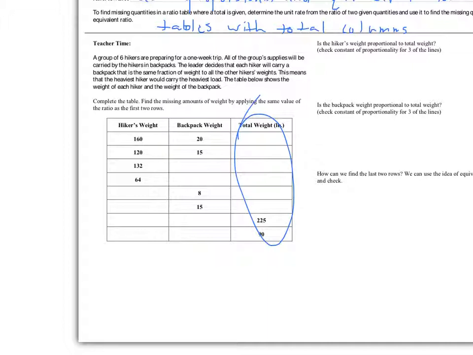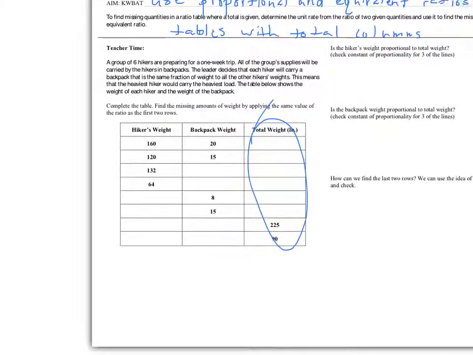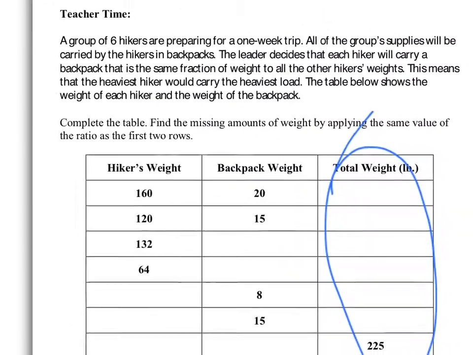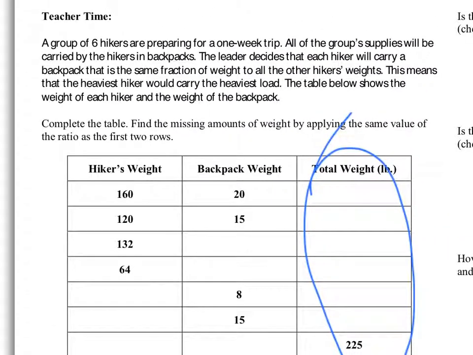We're looking at a scenario here that we talked about before, where we have hikers and backpacks, and we're trying to figure out what the total weight is based on the hikers' backpacks. So when we think about this, we start by saying, all right, this is our x and this is our y. These are the two things that have a proportional relationship.